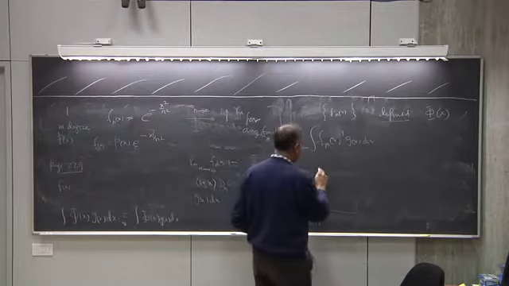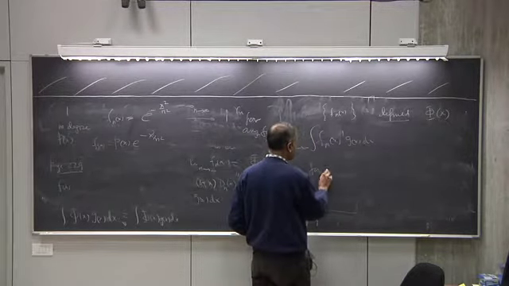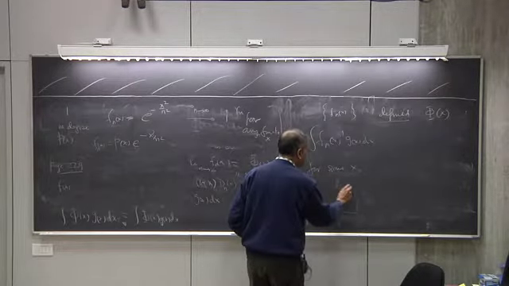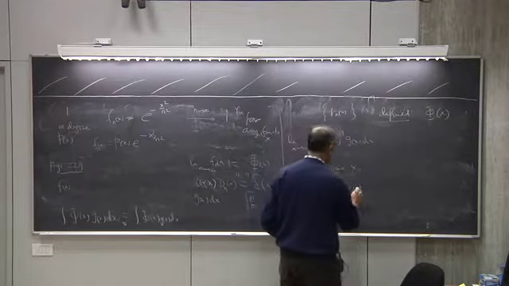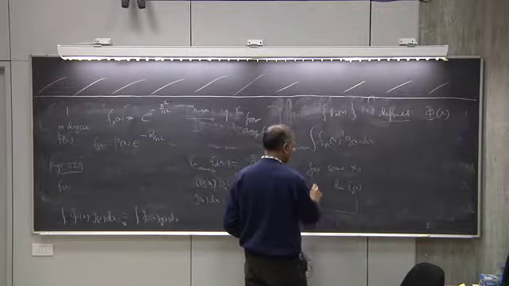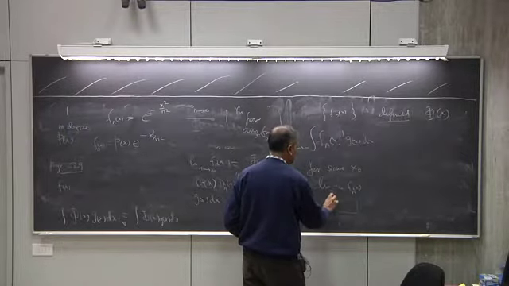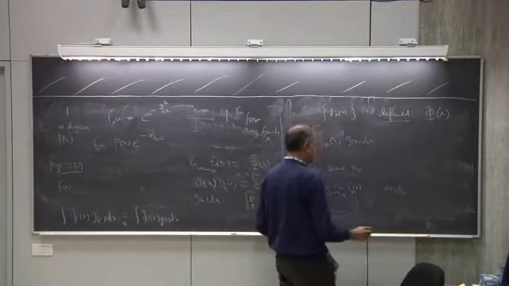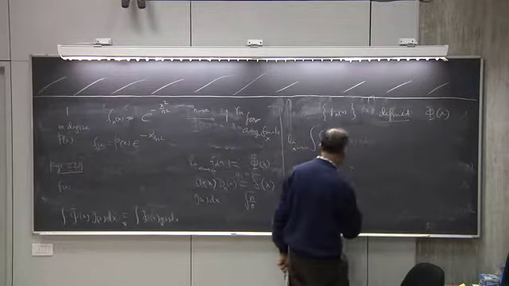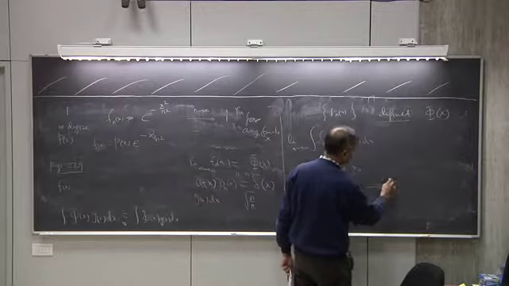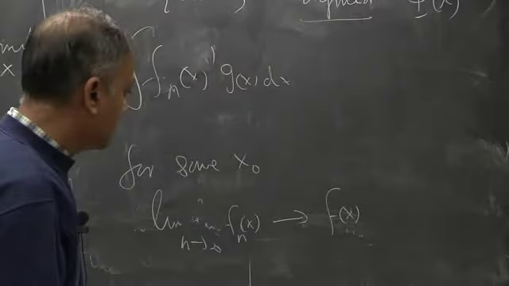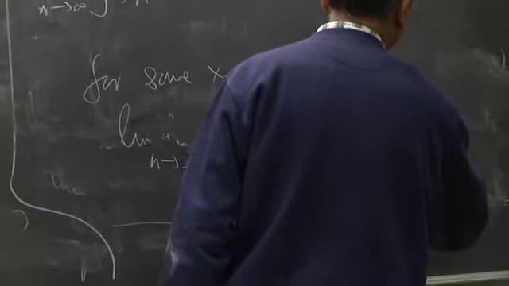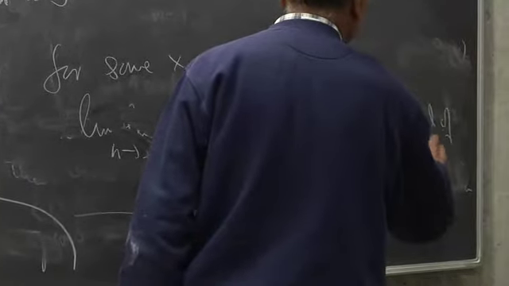But now suppose that for some x naught, it happens that the limit of f_n(x) itself exists, n going to infinity, and say this limit is some function f(x), where x is in some neighborhood of x naught.